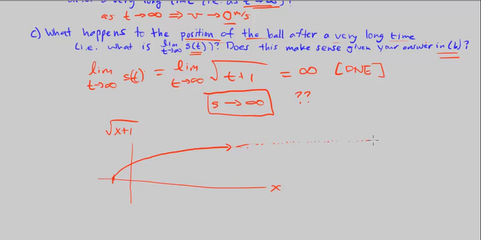There's no horizontal asymptote preventing it from going up. So our distance, S, is still going up.